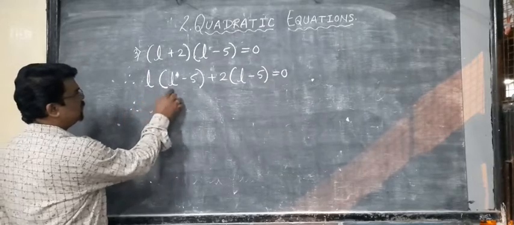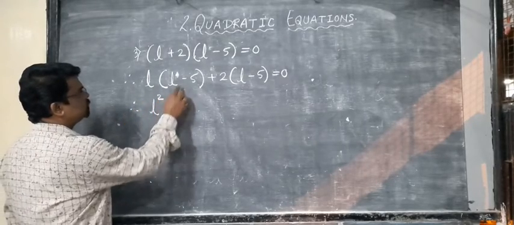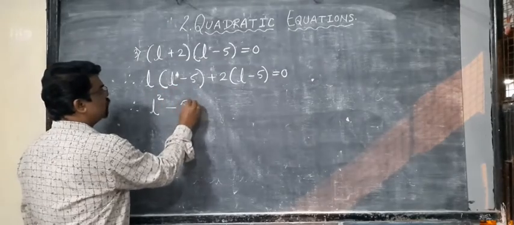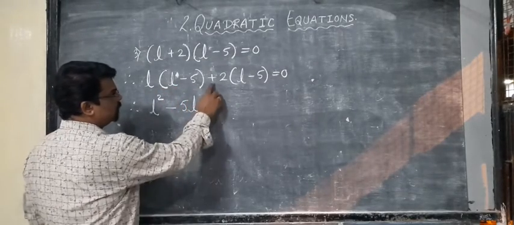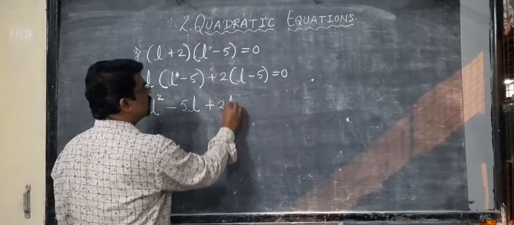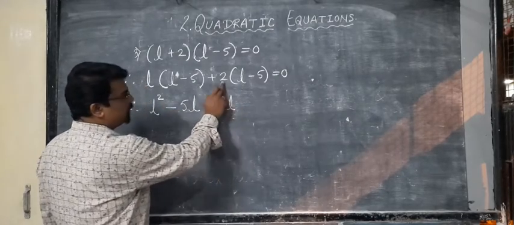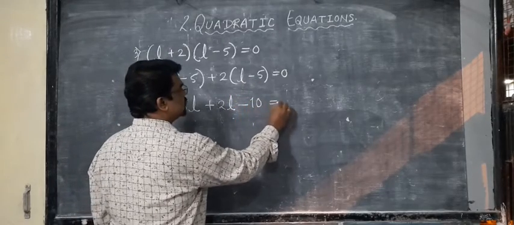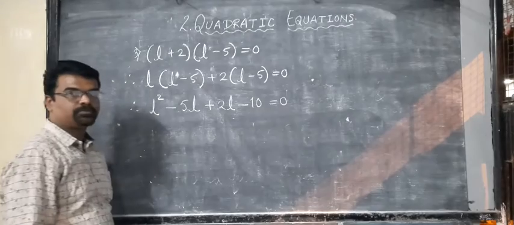Therefore, L into L, L square, minus L into 5, 5L, plus 2 into L, 2L. Now plus 2 into minus 5 means minus 10 is equal to 0.